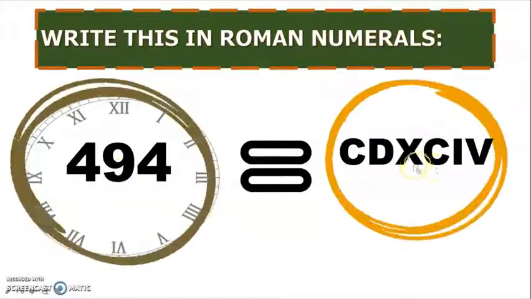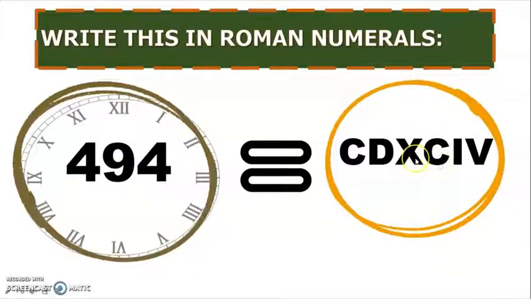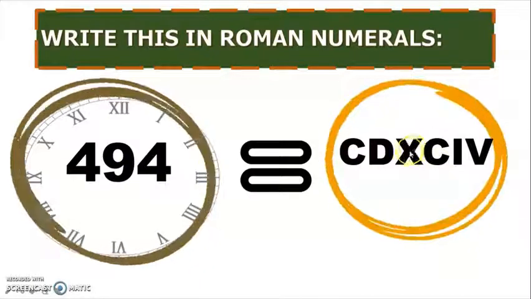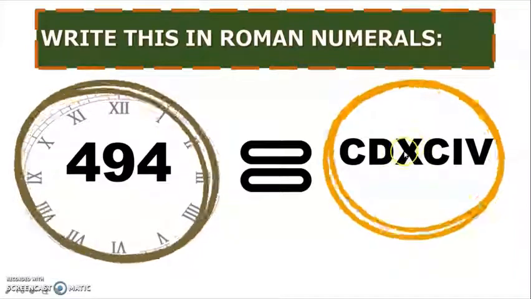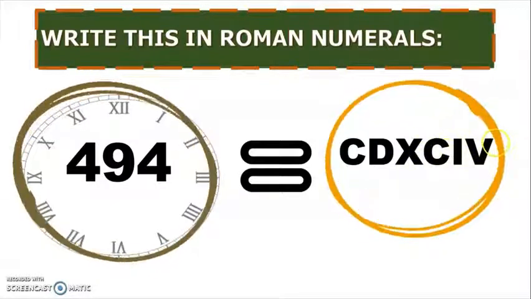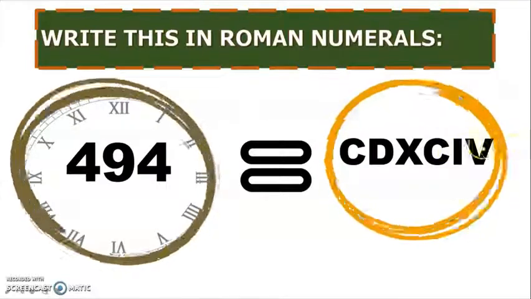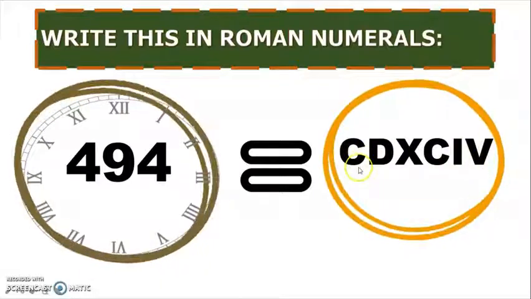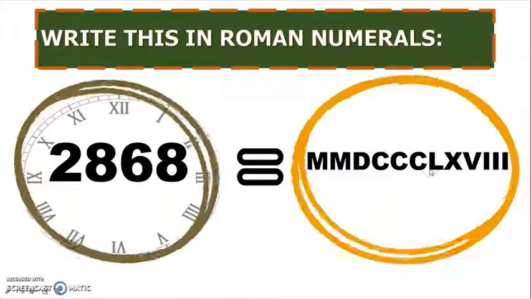So 90 is XC: 100 minus X is 90. And 4 becomes IV. Therefore, this is how we write the Roman numeral for 494.